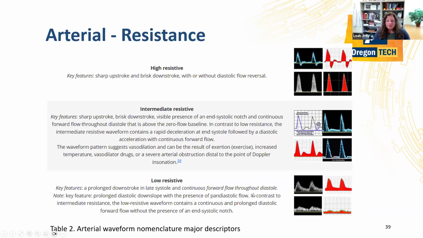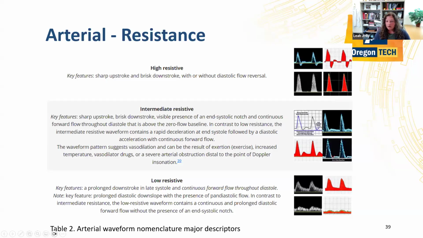And then low resistive flow, we can see that the flow never crosses the baseline. We have forward flow throughout the cardiac cycle. This is normal in some vessels, such as internal carotid arteries, renal arteries. Any vessel that is feeding something that needs constant blood flow should normally have low resistive flow.